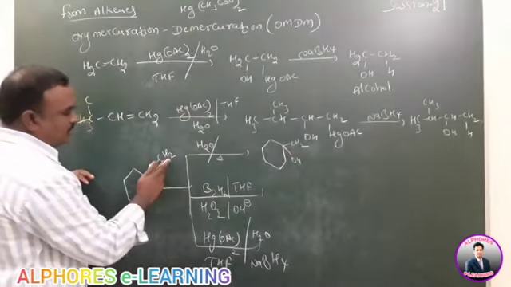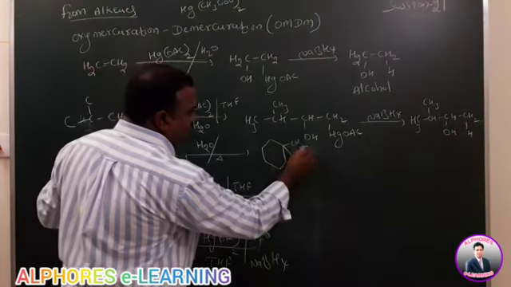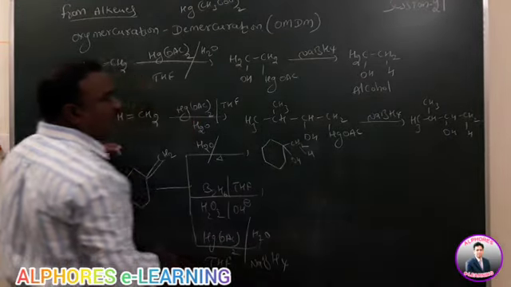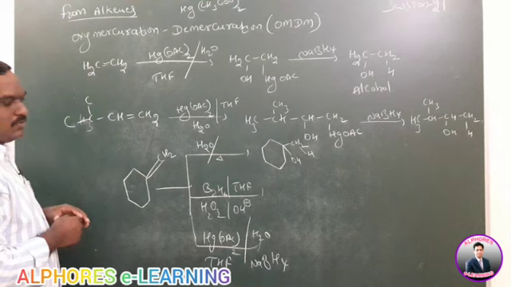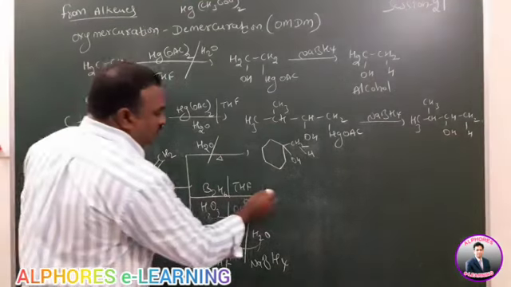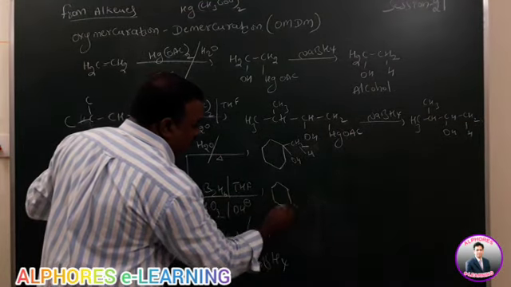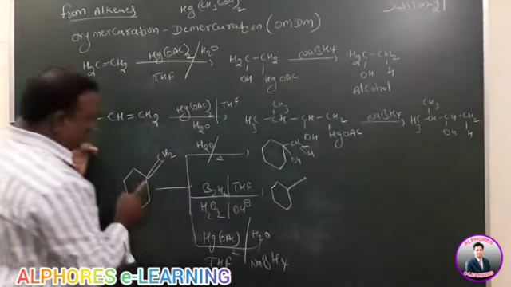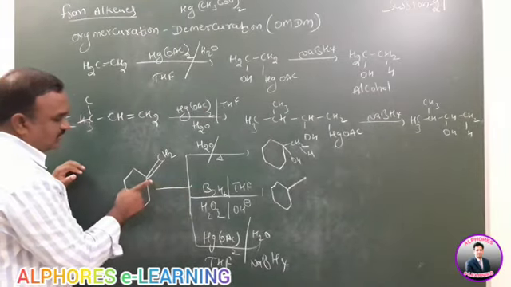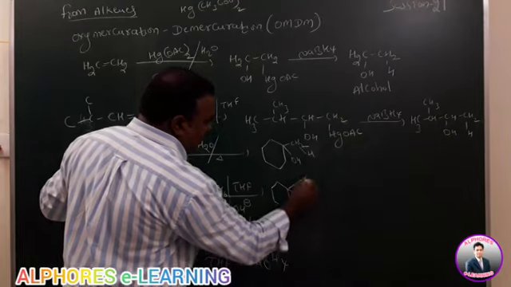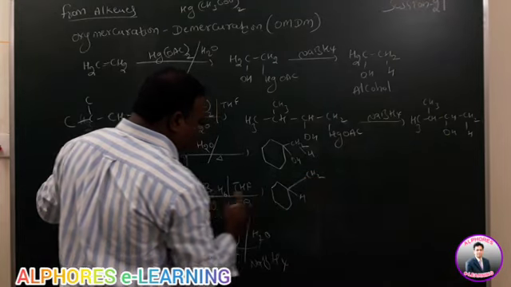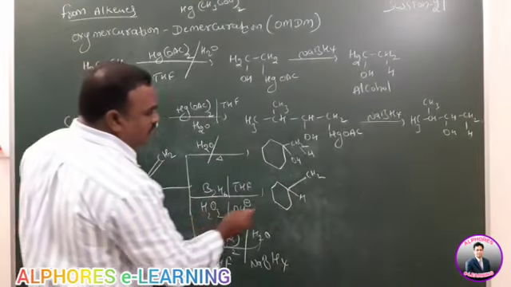The H plus is added to the less substituted carbon, which has more hydrogens. Here, which is the nucleophile? H minus is the nucleophile, meaning H minus is added to this one. Again CH2, BH2.